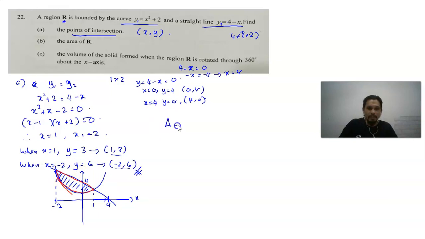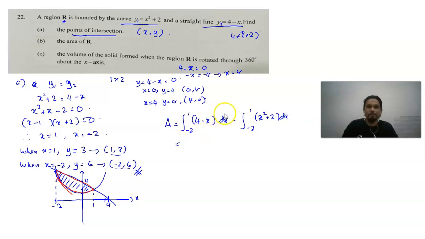Then the area equal to, first, the integral from negative 2 until 1 of the straight line 4 minus x dx, minus the integral from negative 2 until 1 of the function x squared plus 2 dx.